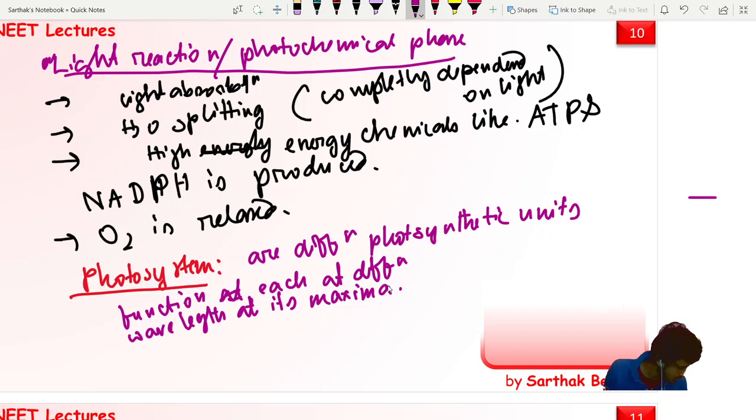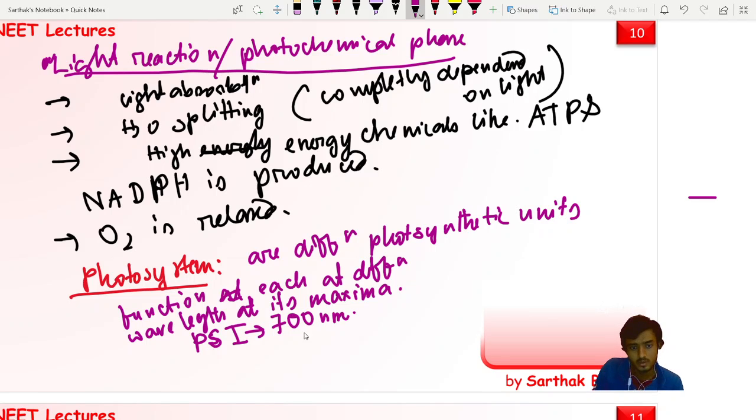So basically what I want to say is there are different types of photosystem which operate at different wavelengths. Suppose we have photosystem 1 or PS1. PS1 functions optimally at a 700 nanometer wavelength, and PS2 functions at its optimum at a 680 nanometer wavelength.